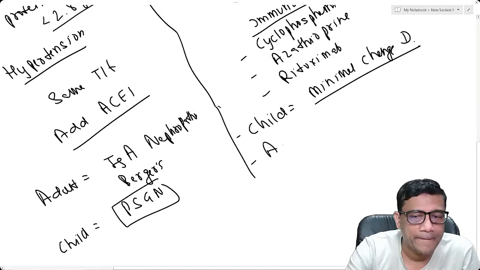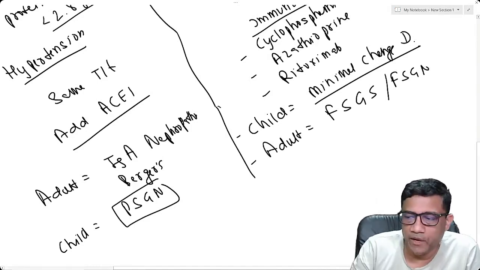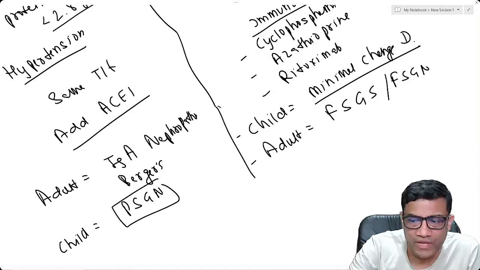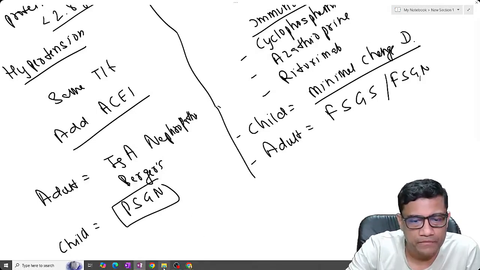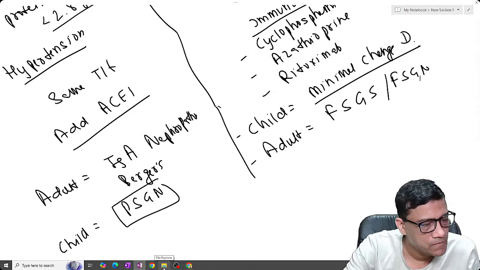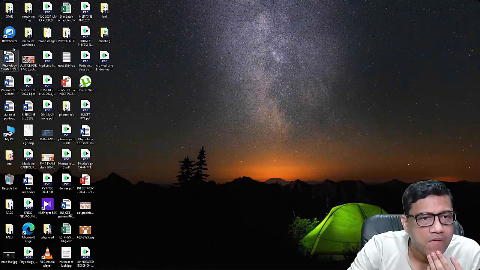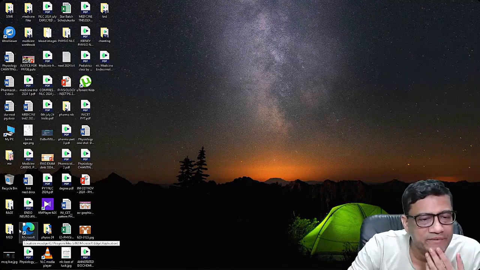In adults, FSGS. Okay, so that completes kidney as well. Let's do cardio now. So yes, adult is FSGS. Treatment is same, steroids.